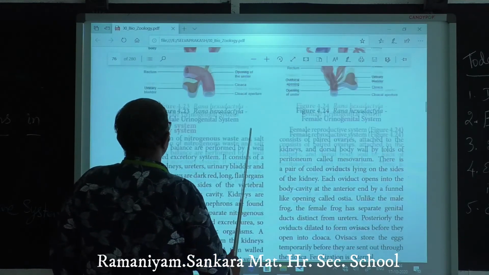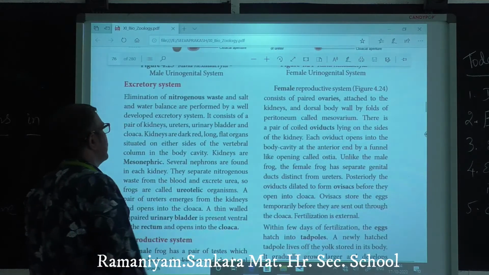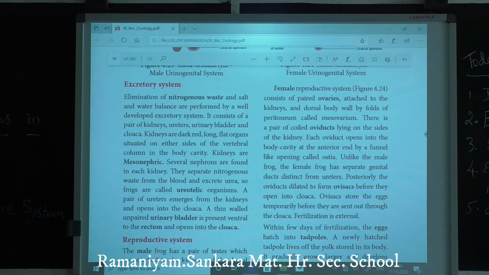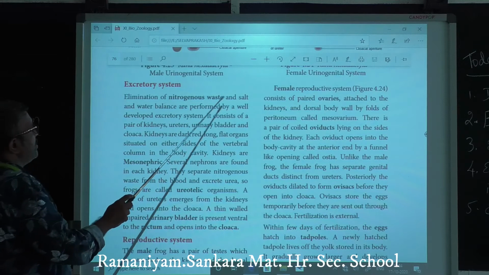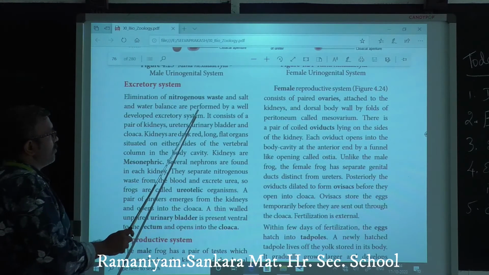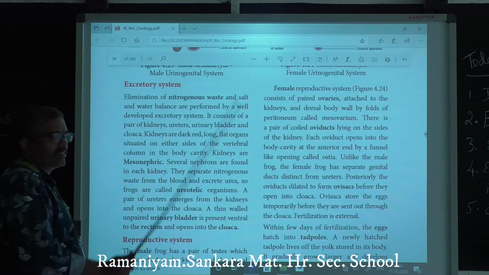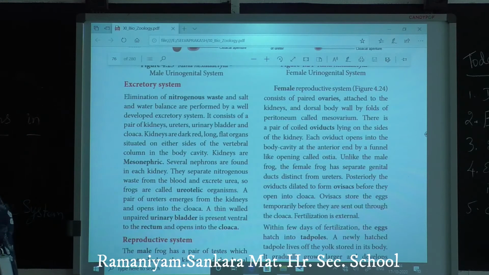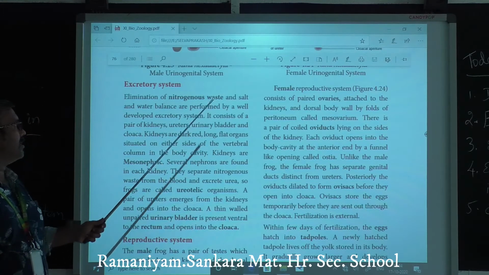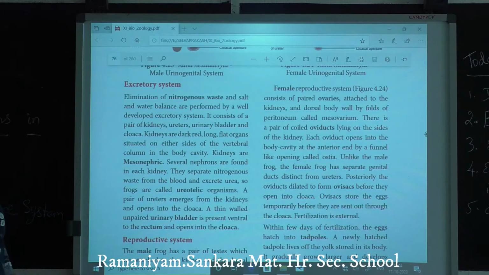Excretory system of the frog. Elimination of nitrogenous waste and salt and water balance are performed by a well developed excretory system.